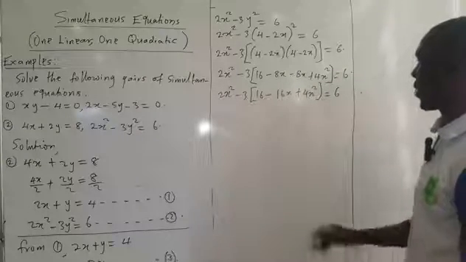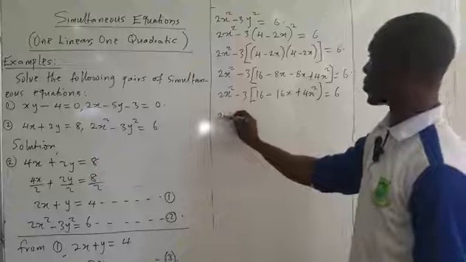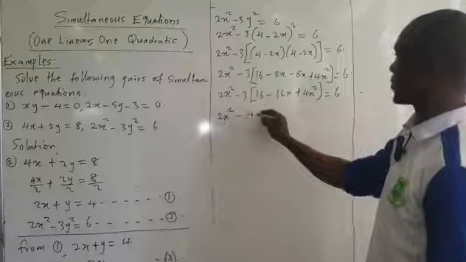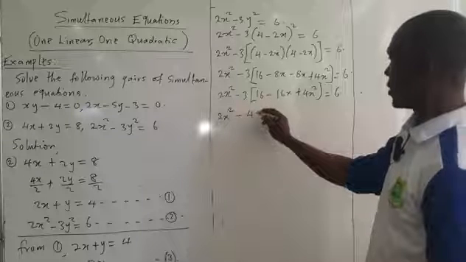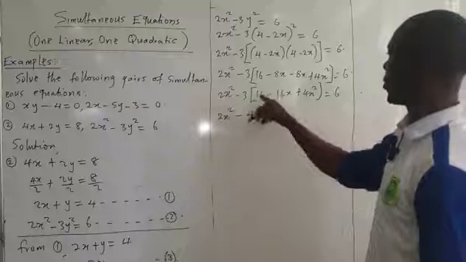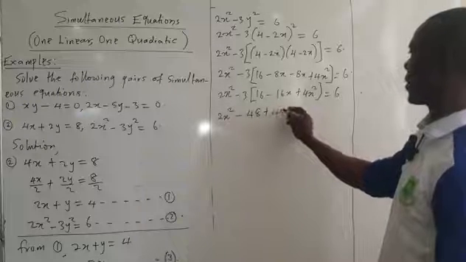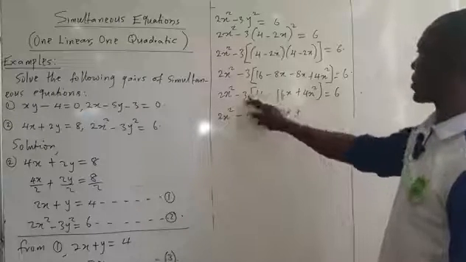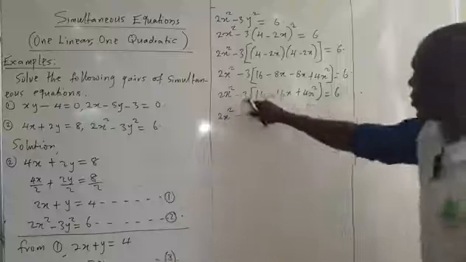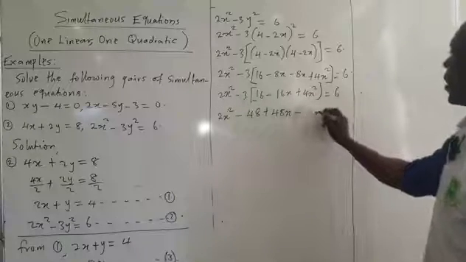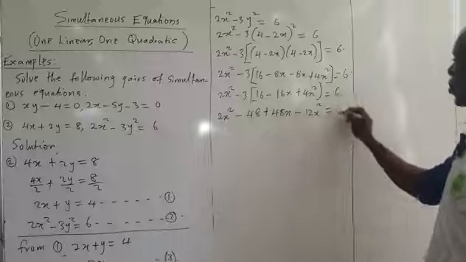So let's open the bracket with 3. So we have 2x squared minus 3 times 16, that's 48. Minus times minus plus, so 3 times 16x, that's 48x. Then plus 3, minus times plus, that's minus, 3 times 4, that's 12x squared equals 6.